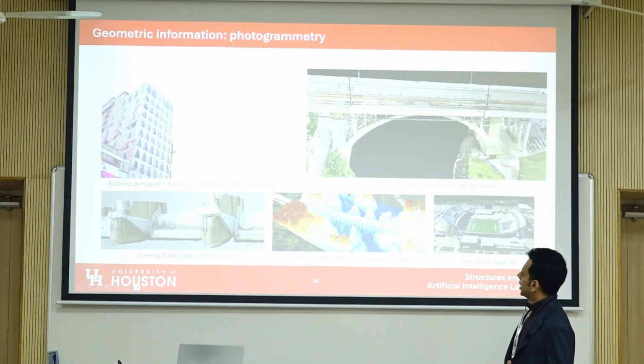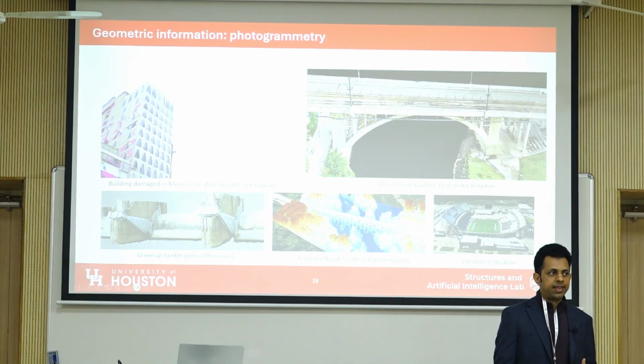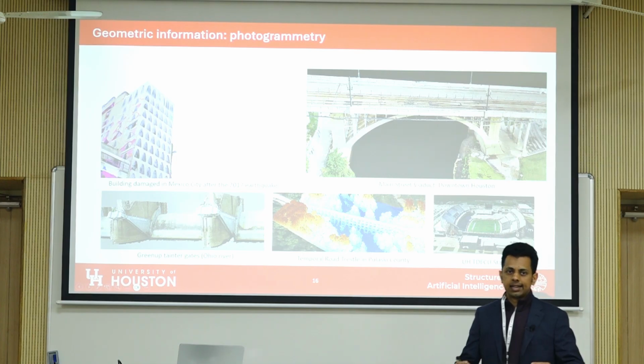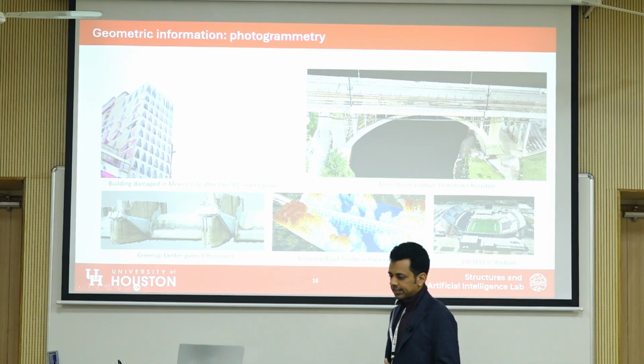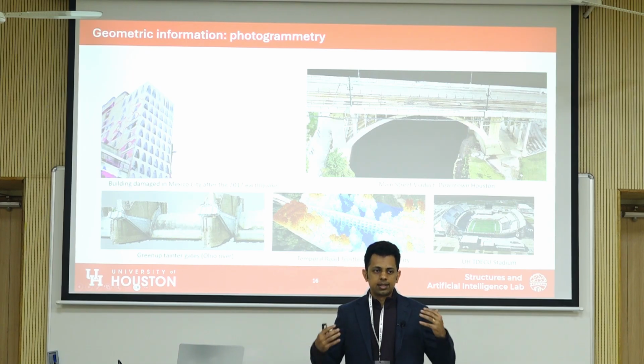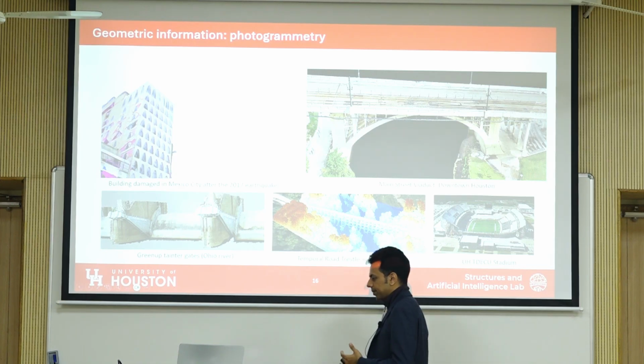Now, if you have multiple images, then you can constrain how you are setting up your measurement problem, and you can construct the geometry of the asset and use that constructed geometry to make measurements.